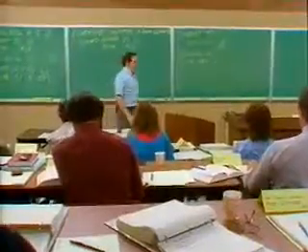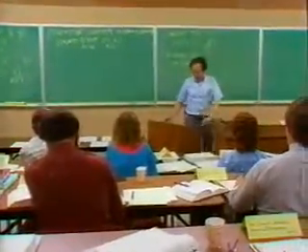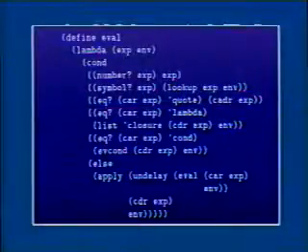Well, if we go back to this slide, if we look at this for a second, everything is the same as it was before, except the case of applications or combinations. And in combinations, I've got to do two things. One is I have to evaluate the procedure. I have to get the procedure by evaluating the operator. That's what you see right here. I have to make sure that that's current.